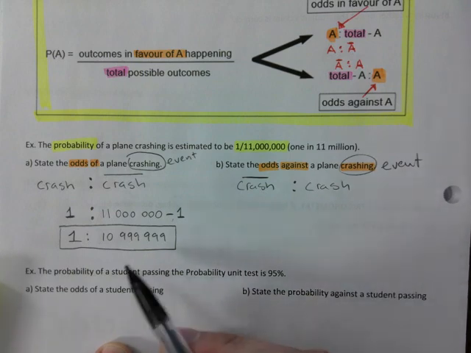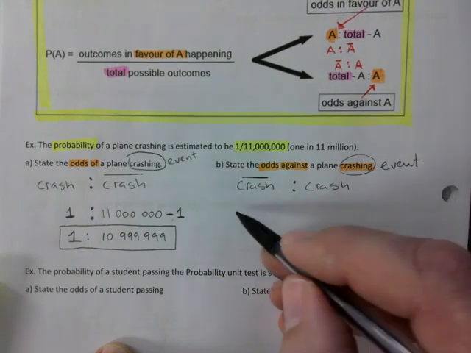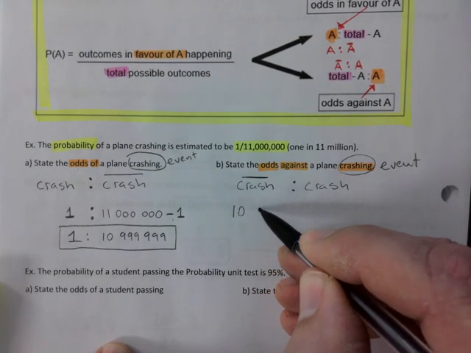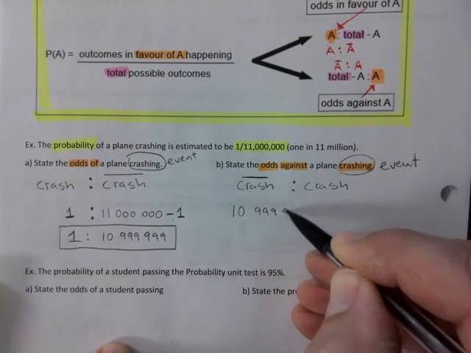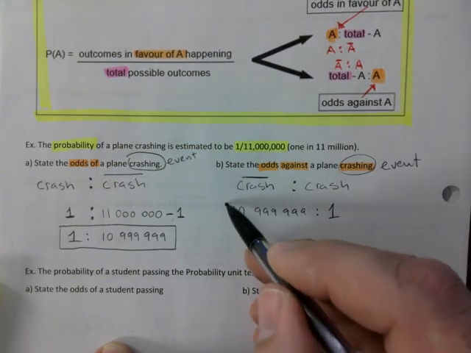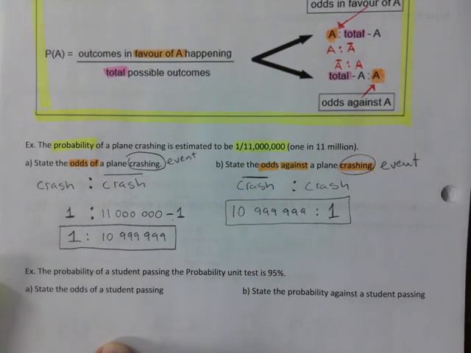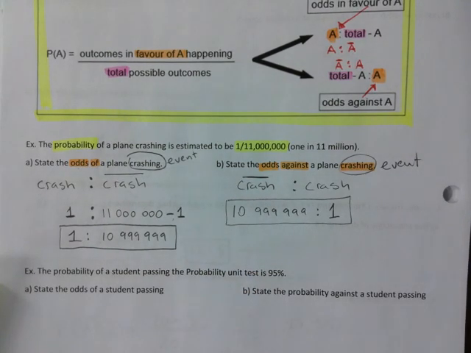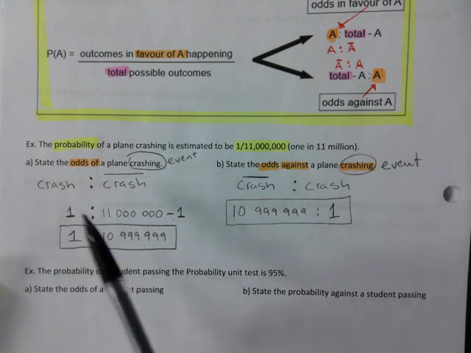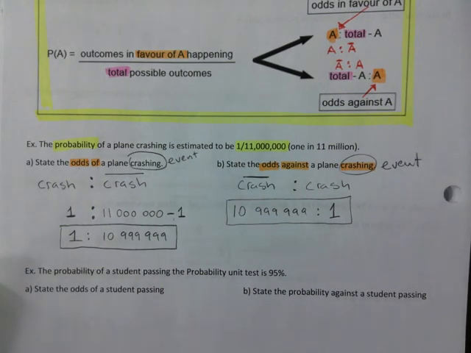In other words, you're simply flipping these numbers. So it would be 10,999,999 to 1. Okay. That's all. If you've already done the work of in favor and they ask for against, just flip the numbers. Just reverse the order.